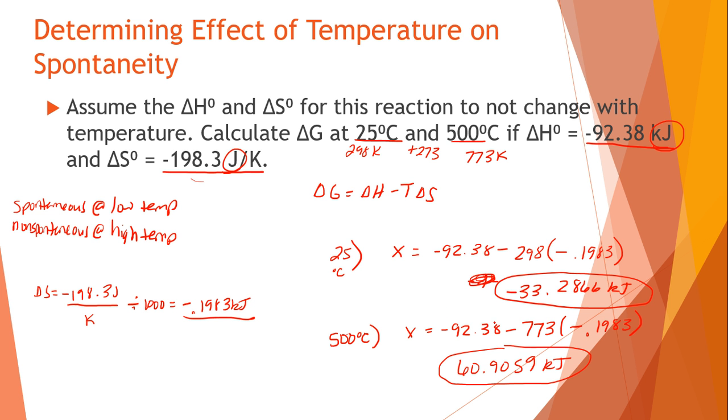And so those are your two values, and you found your answer. Now, does this match up with what we predicted? Yes. We notice at 25, which is considered a low temperature, we are spontaneous because this value is negative. Whereas if we increase temperatures to 773, this is considered a high temp, and since this is a positive value, this is non-spontaneous.